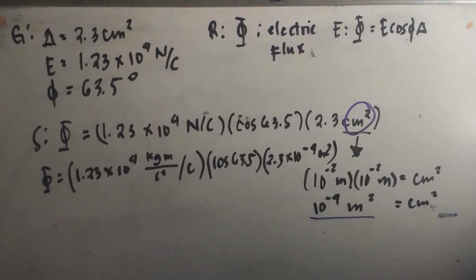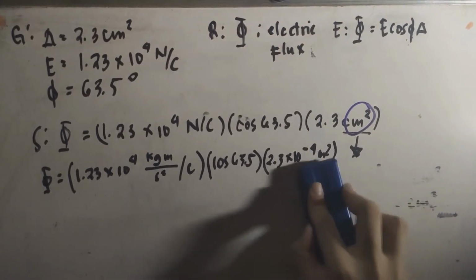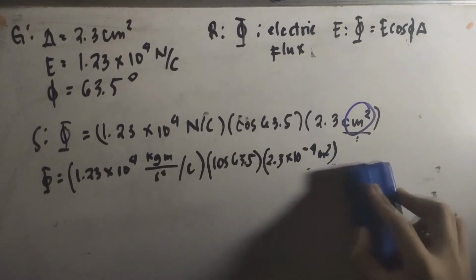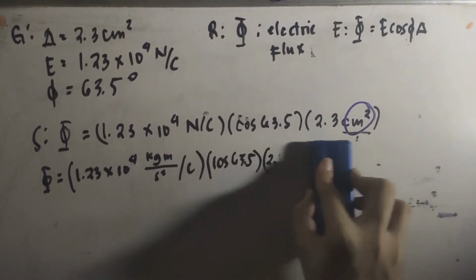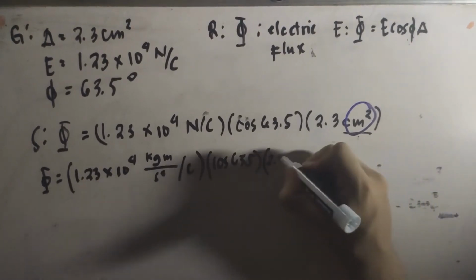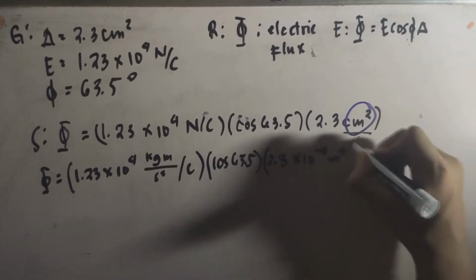Okay, I hope you've taken notes of this. I'm going to erase this now so we could have our space. Okay, so let's rewrite this. Times 10 raised to negative 4 meters squared.